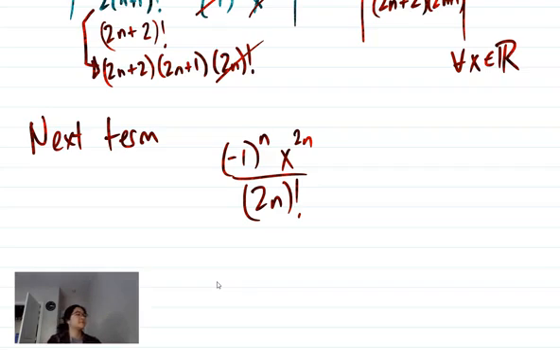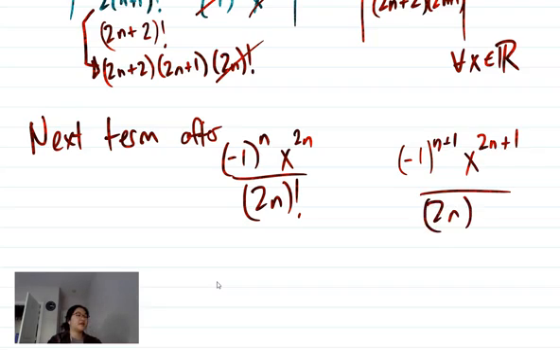Our next term after this is going to be negative 1 to the n plus 1 times x to the 2n plus 1 over 2n plus 1 factorial. Sorry, 2n plus 1. So we have this as our next term. Now what's going to happen as n approaches infinity of this?